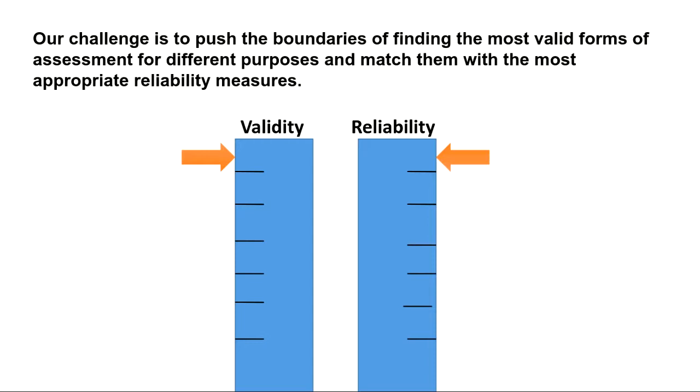And the second thing to say is that within assessment, test development agencies or governmental agencies are trying all the time to make the test as valid as possible, in other words as fit for purpose as possible, but also as reliable as possible.